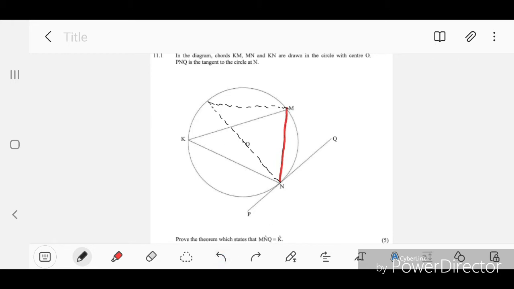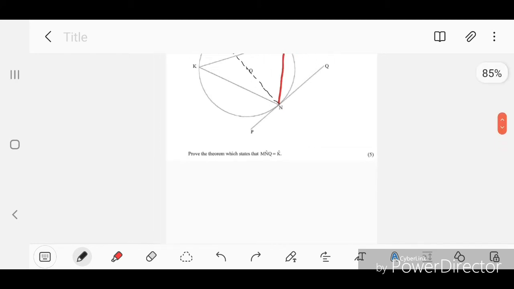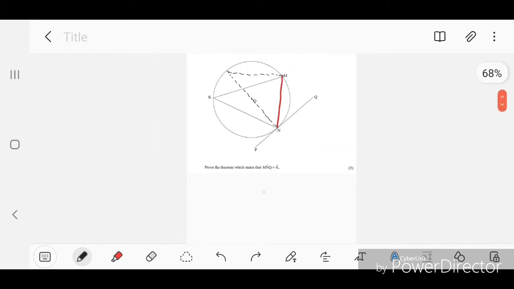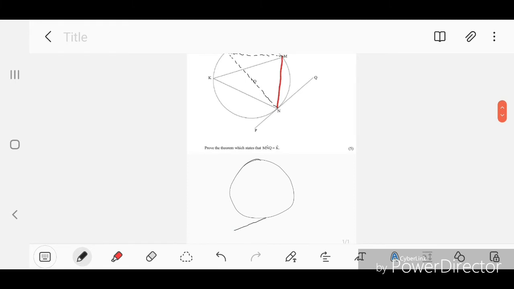You need to make sure that the chord in equation is such that, if, for example, they had said prove that this equals to that, you're going to highlight the chord.